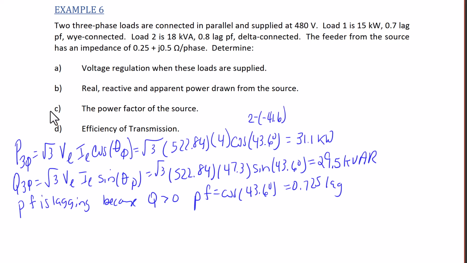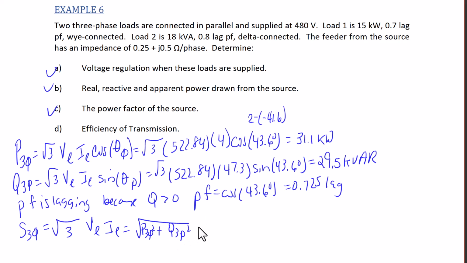And note that that's the answer to part C. And the apparent power is the square root of 3 V_L I_L, or the square root of P three-phase squared plus Q three-phase squared. So the apparent power is 42.8 kVA.